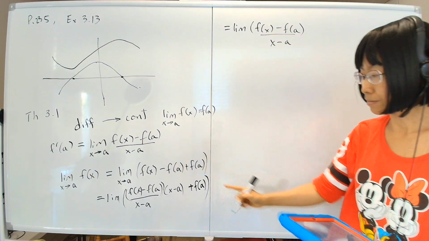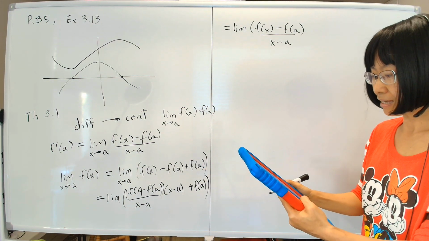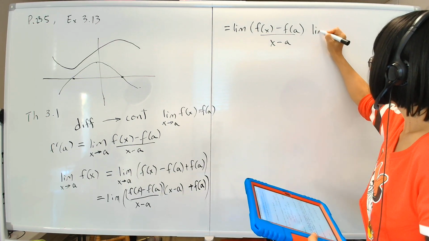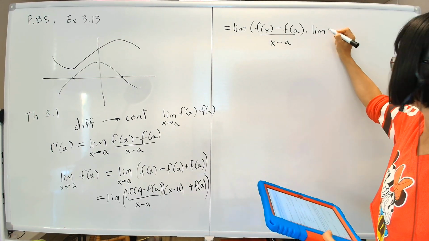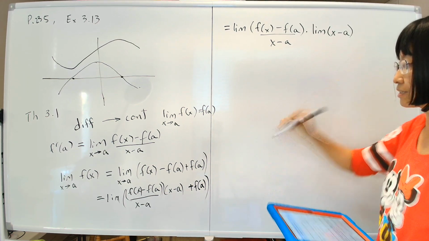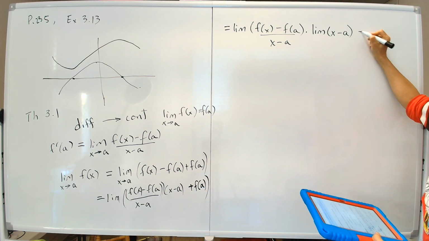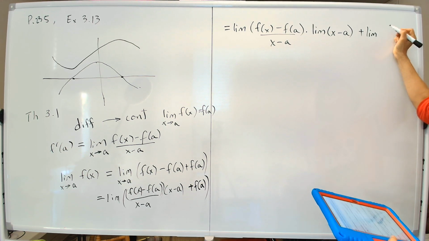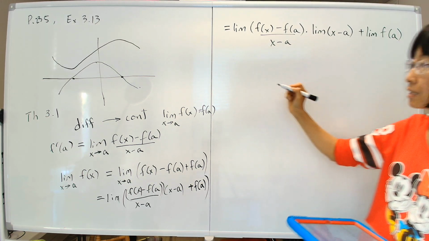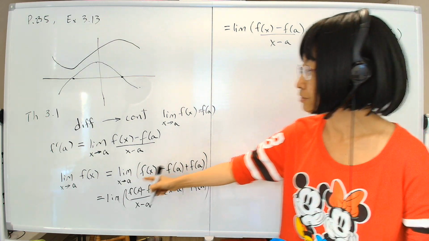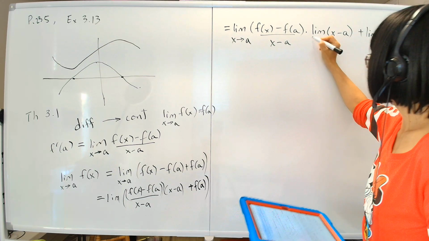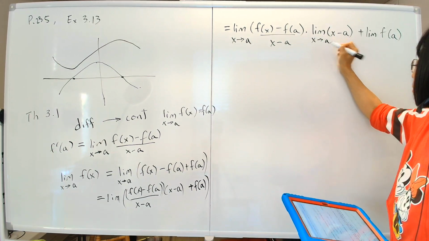We're going to break up the limit, and then times the limit of just x minus a, and then plus the limit of f of a. And all these limits are where x is approaching a.